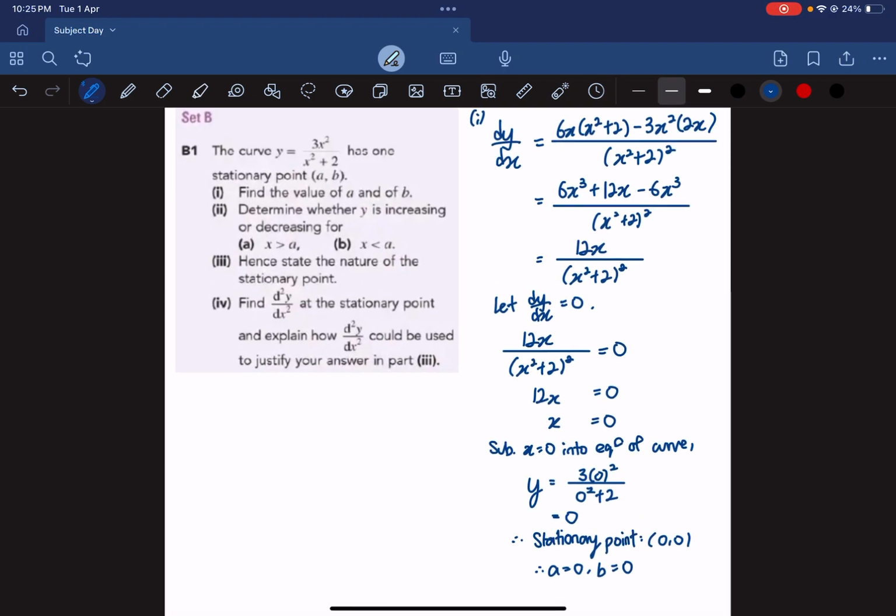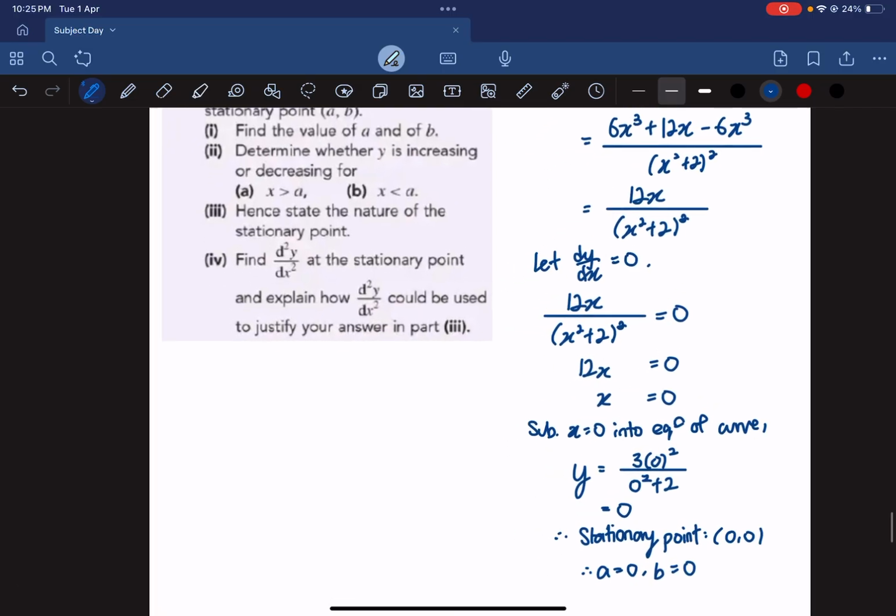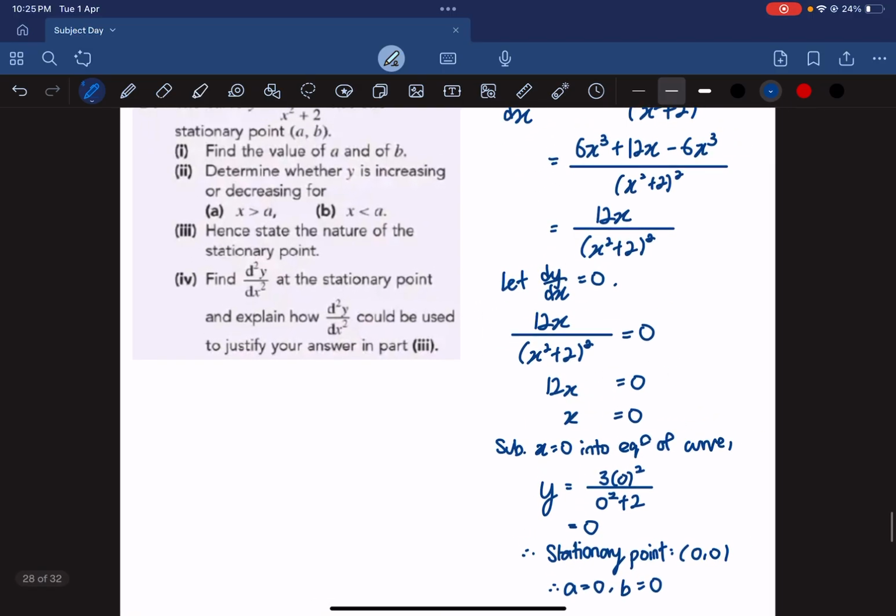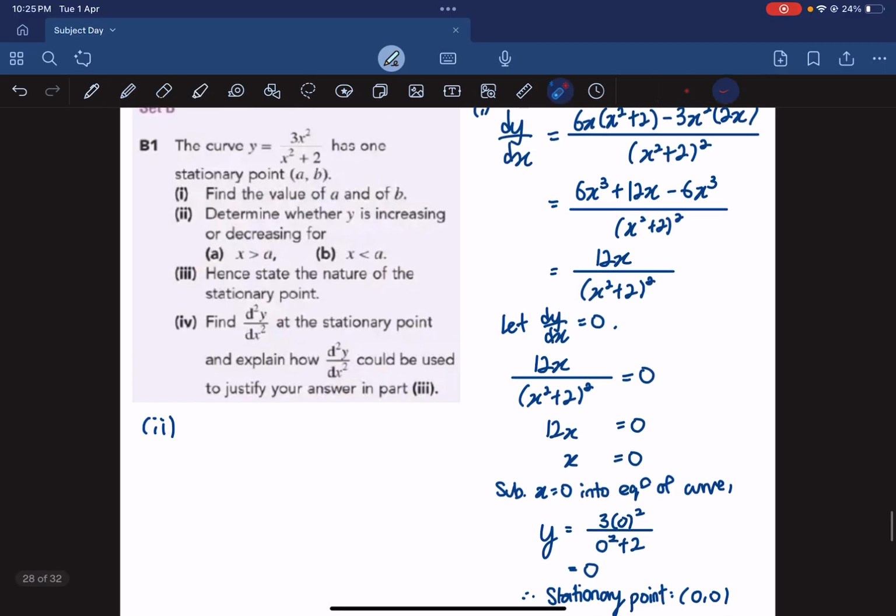Okay, so let's look at part 2 now. Let me write it out over here. Determine whether y is increasing or decreasing for x more than a and x less than a. If I were to analyze this question here, I found that a is equal to 0.